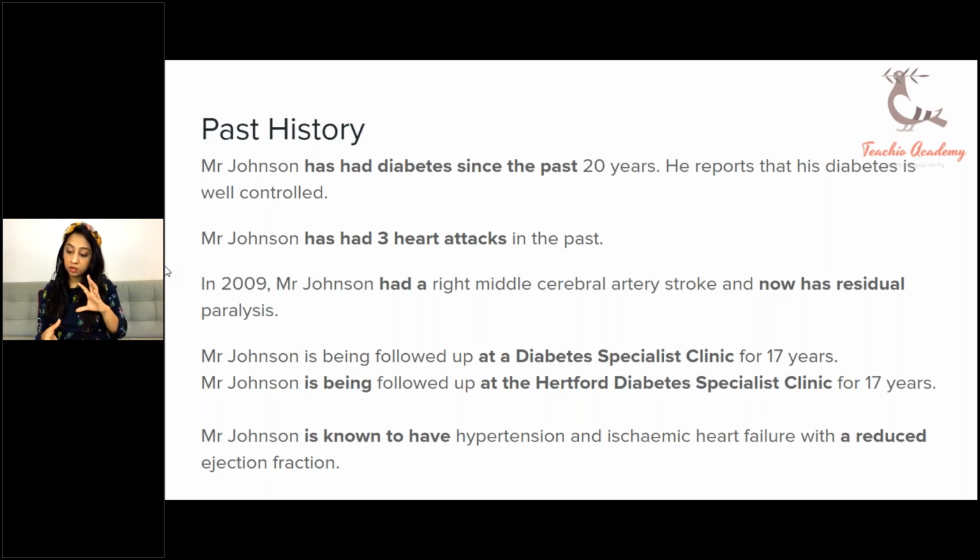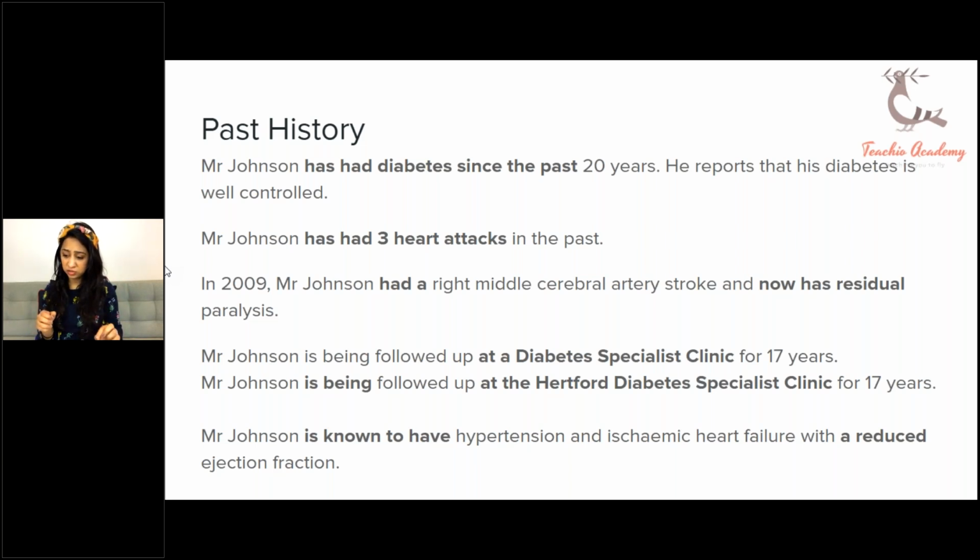So the stroke was an event, an isolated event which happened, because it was a particular type of stroke, and the residual paralysis is something which he has in the present. So that's why I'm going to be using the present tense here and the simple past tense before.